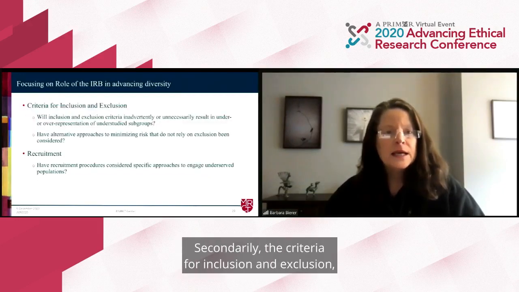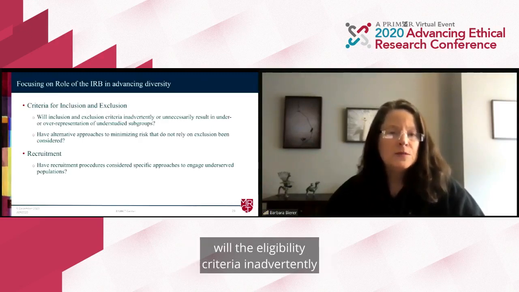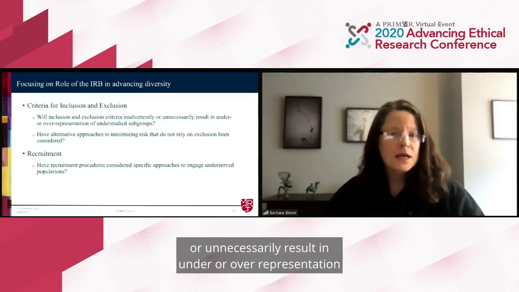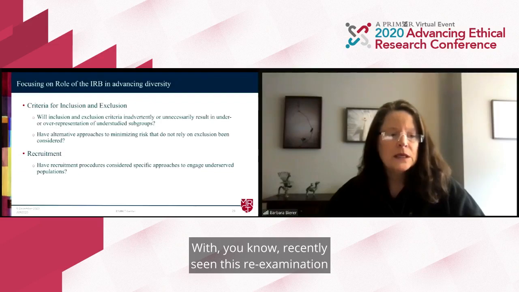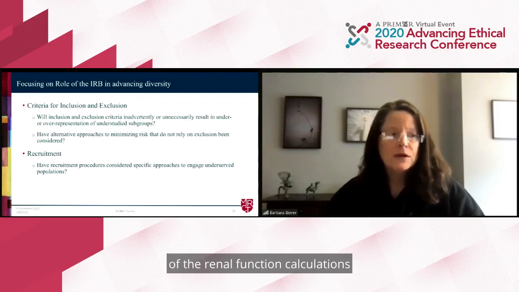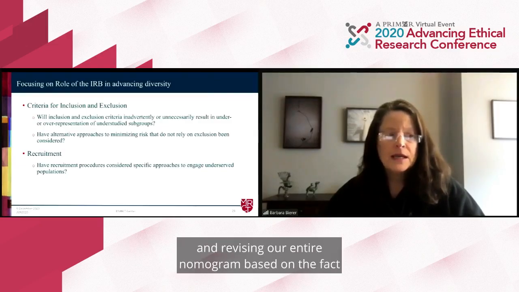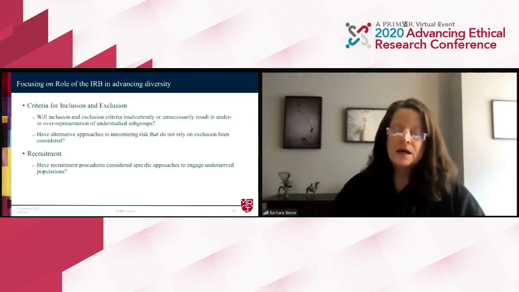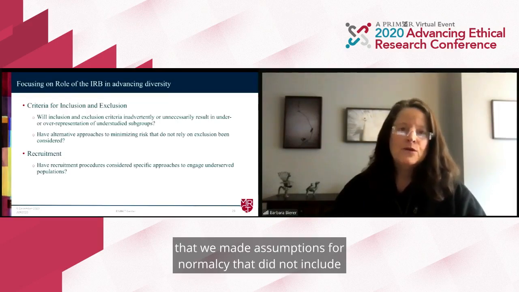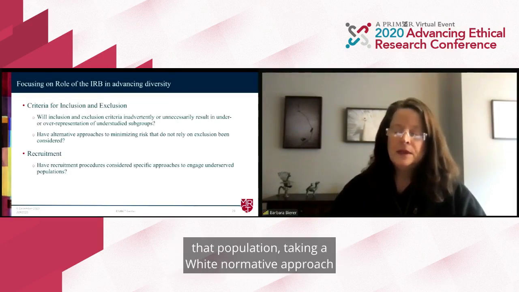Next slide. Secondarily, the criteria for inclusion and exclusion. Will the eligibility criteria inadvertently or unnecessarily result in under or over representation of understudied groups? We've recently seen this re-examination of the renal function calculations for Black African Americans, revising our entire nomogram based on the fact that we made assumptions for normalcy that did not include that population, taking a white normative approach to that data.